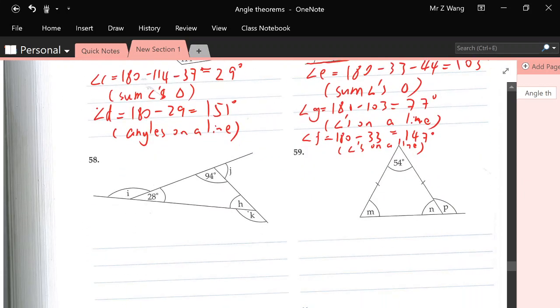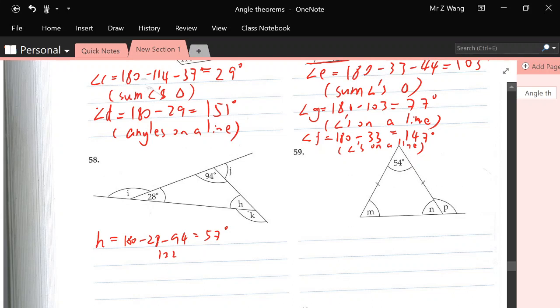Okay. Now, here it just becomes a little bit tedious because for H, we're focusing on the triangle, right? What are the three inner corners of the triangle? It is 28, 94, and H. H is 180 minus 28 minus 94, which is 57 degrees, right?